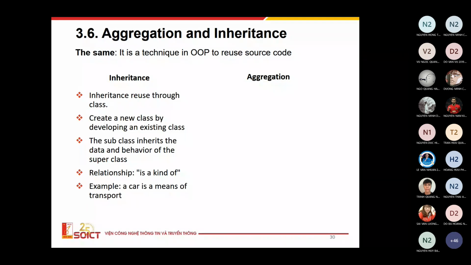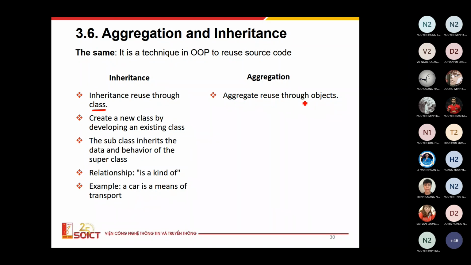So what is the reason when we talk about aggregation and inheritance? They are techniques in OOP to reuse the source code. With inheritance you reuse through the class, because we define a new class based on an existing class.